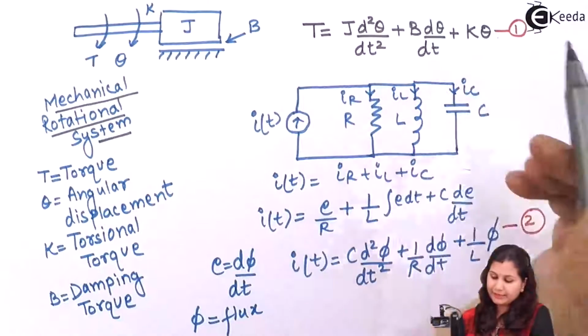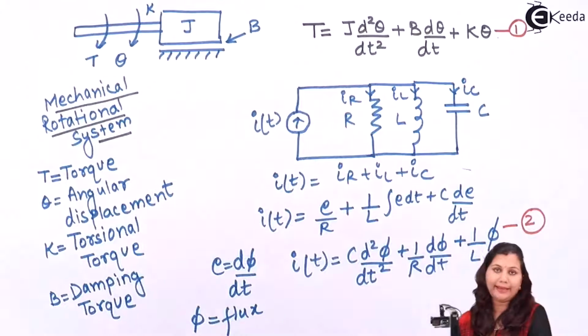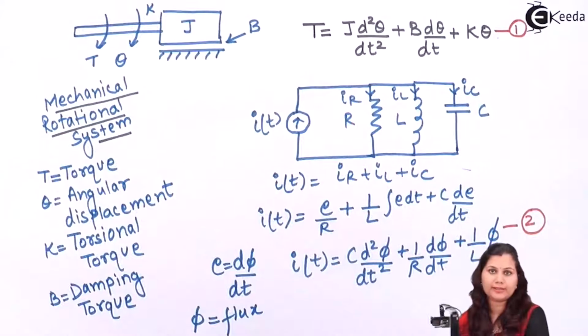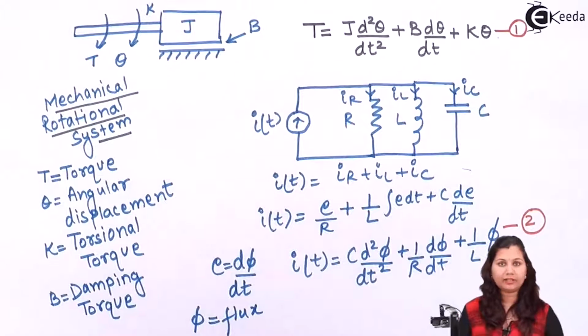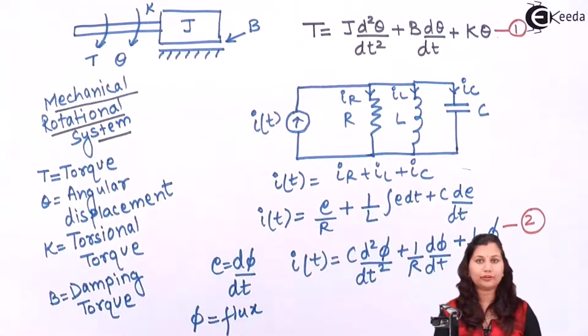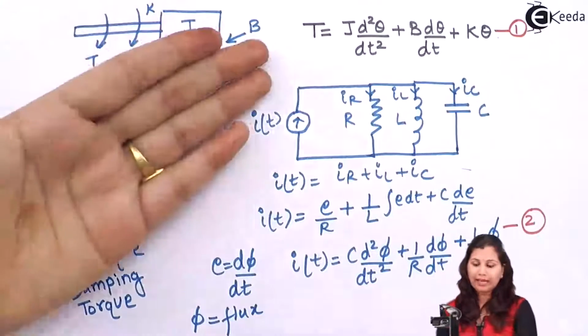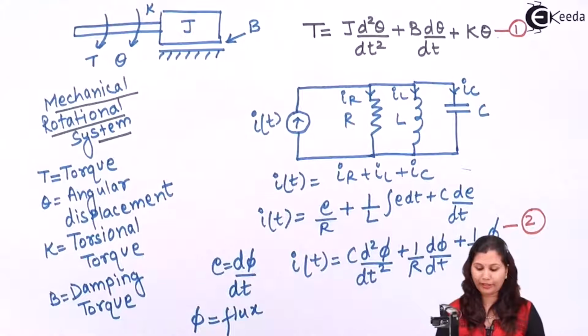We can replace the damping torque by 1 by R and torsional torque by 1 by L. So in this way we can get the analogous system for this mechanical rotational system. Whenever we have to find out the analogous system of a mechanical rotational system, we will just write the equation for that system and replace these variables with their respective variables so as to get the analogous system for it.